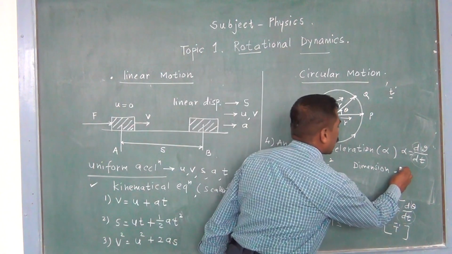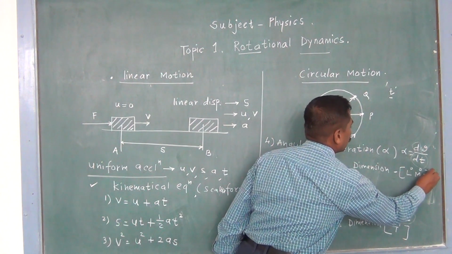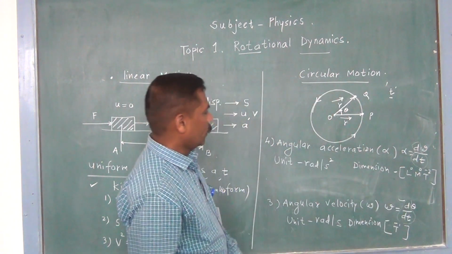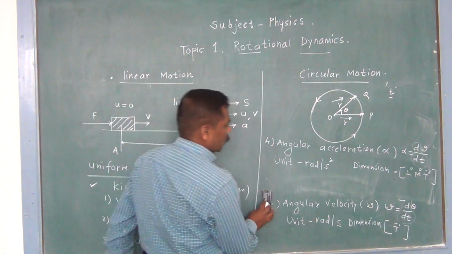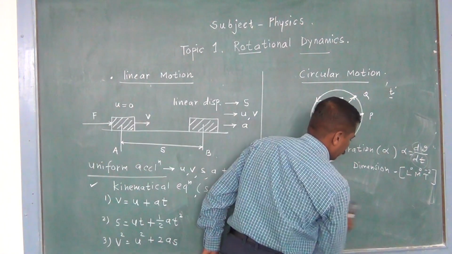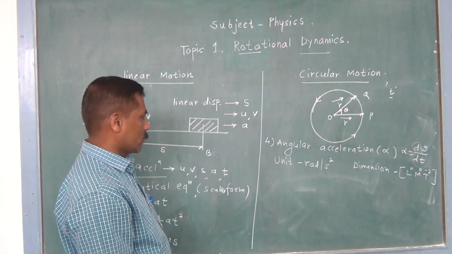So definitely the dimension will become L0 M0 T raised to minus 2. So you will get an idea that we have seen the radius vector, angular displacement, angular velocity and angular acceleration.